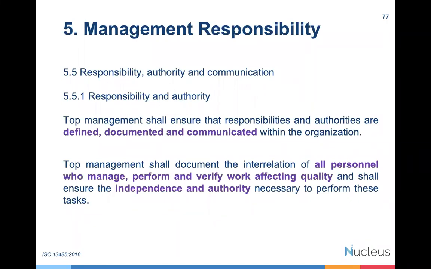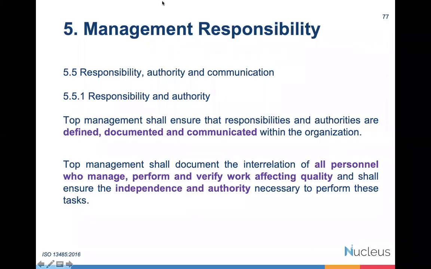ensure responsibilities and authorities are defined, documented, and communicated to the concerned persons. And people who are doing inspection and testing activity must be proven to be independent and to have authority. For example, in your organization, the quality manager or the quality team reports to whom?